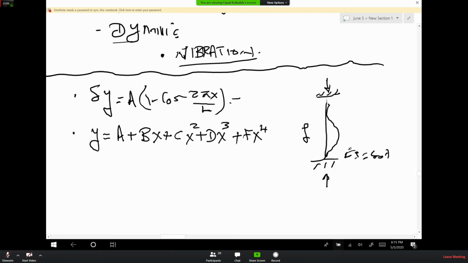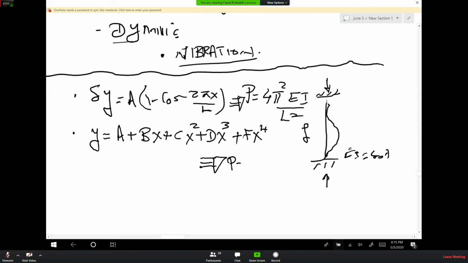And we said this one gives us an answer of P equal 4 pi squared EI over L squared.